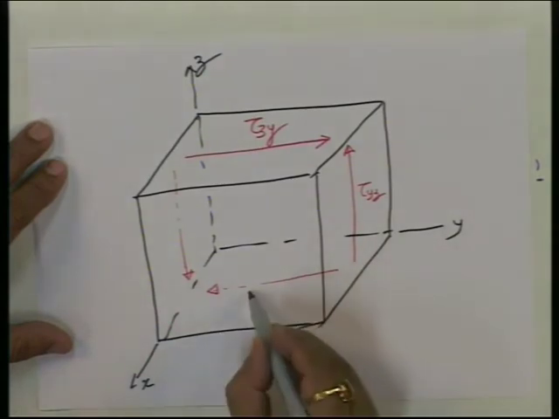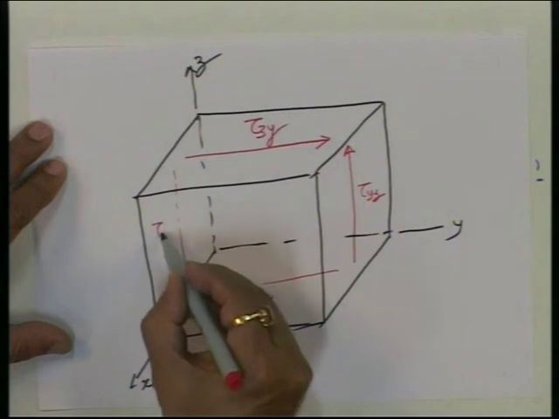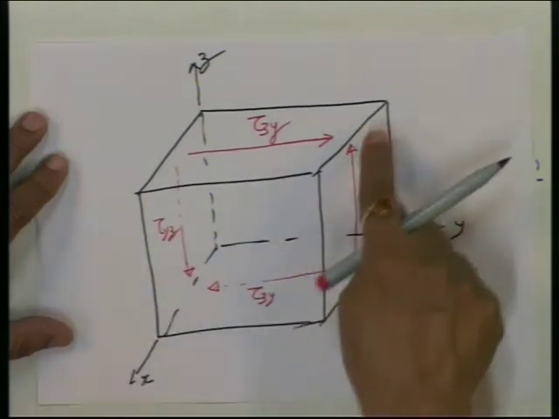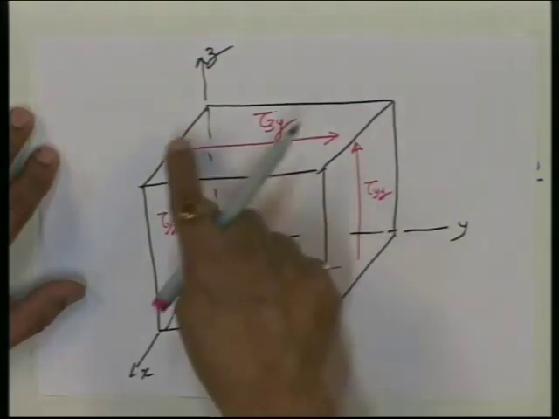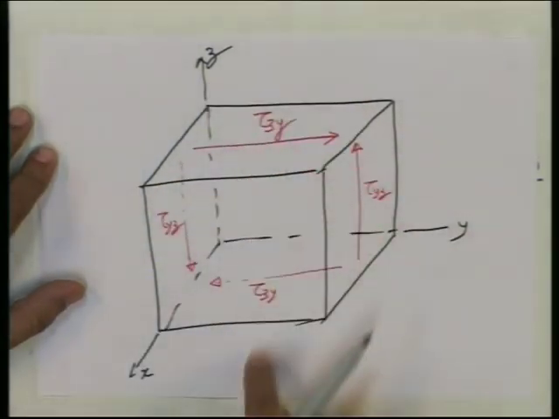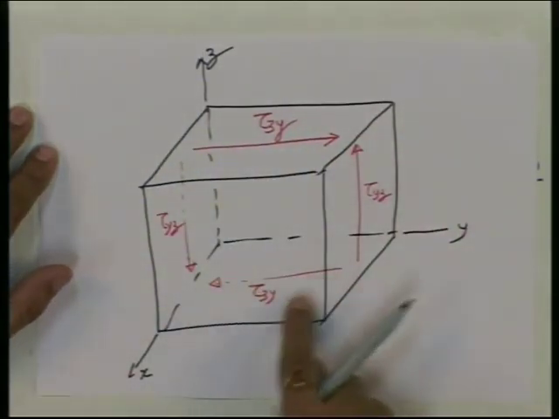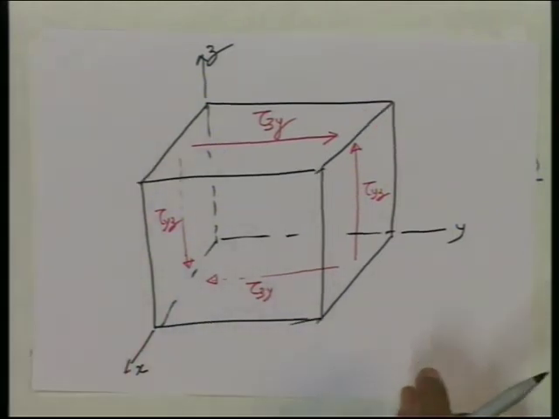So this will be tau zy and this will be tau yz. Y means the plane is y, this plane is z, in direction y. So this is the shear.